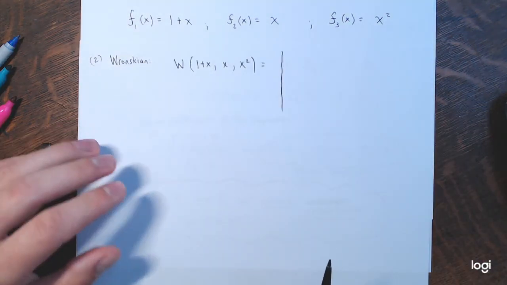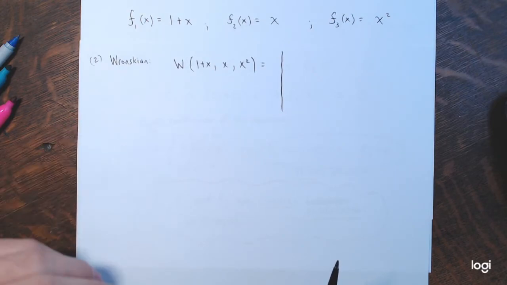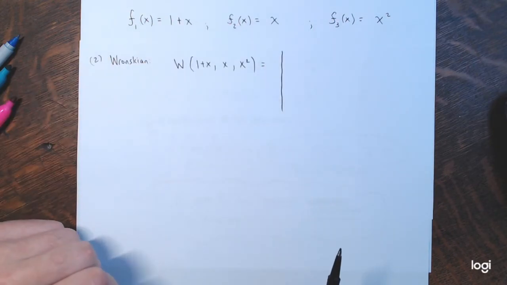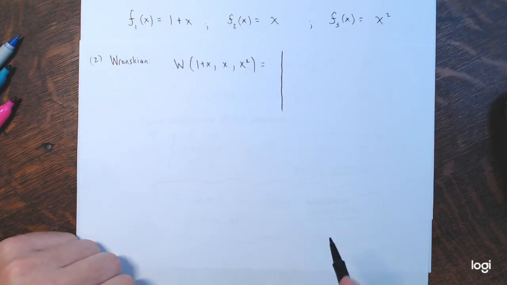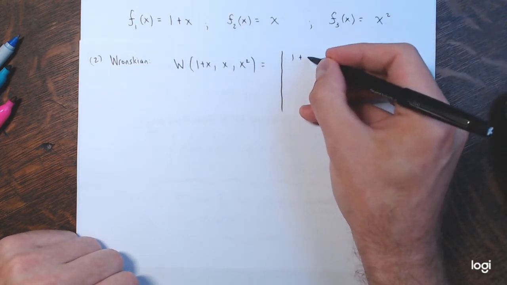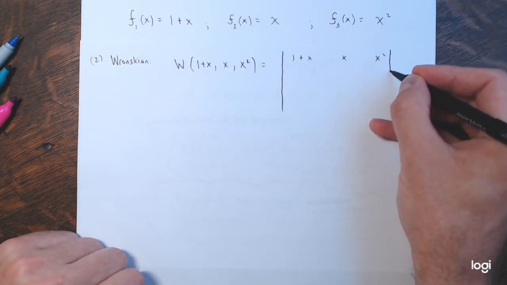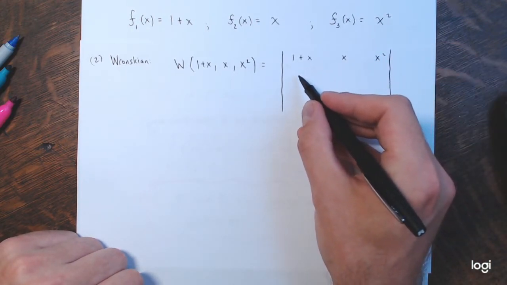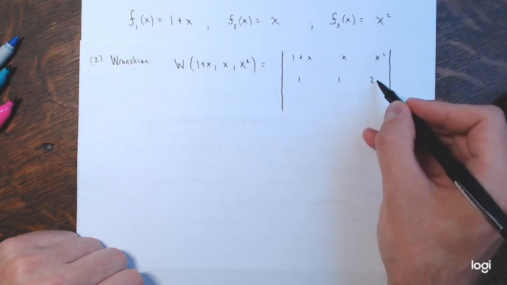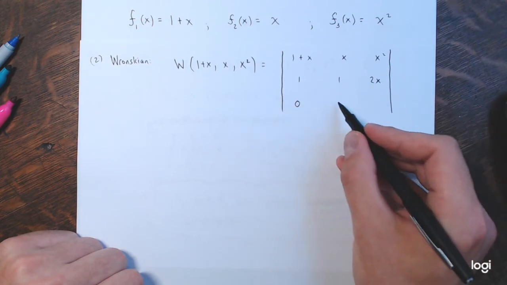Again, they're not always 3 by 3. You might come across other problems with more functions or fewer functions. So first row, 1 plus x, x, x squared. Next row is the derivatives, 1, 1, and 2x. And then second derivatives, 0, 0, and 2.